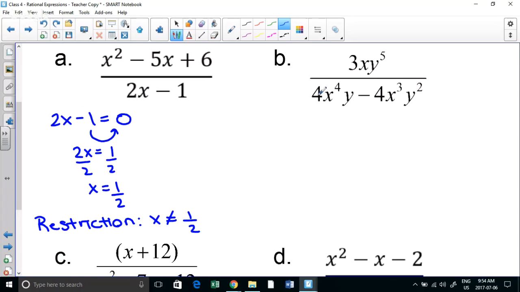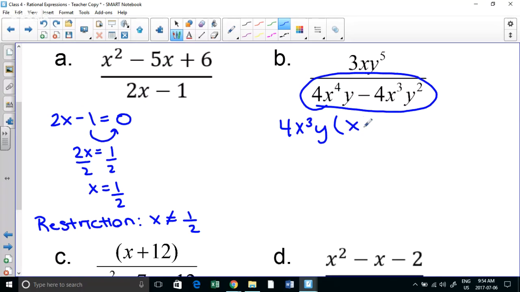All right, step 1. We don't care about the top, we care about the bottom. Bottom, I look, GCF factoring. So I can pull out a 4, I can pull out an x cubed, and I can pull out a y.